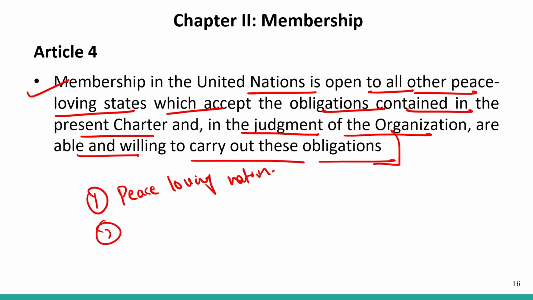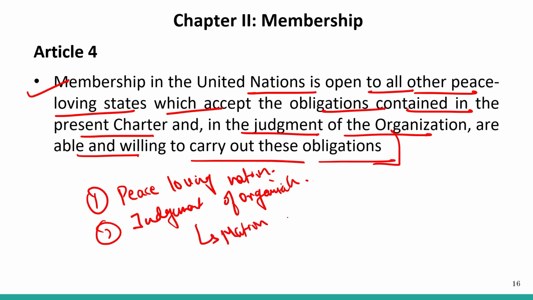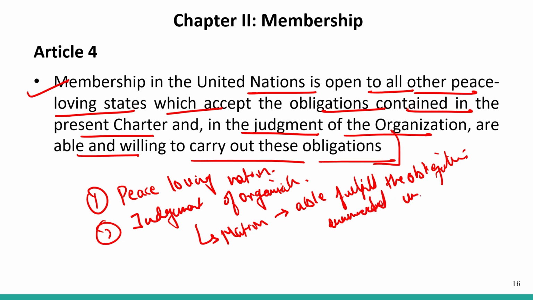Second being, in the judgment of the organization, the nation which is willing to have the membership of the organization should be able to fulfill the obligations enumerated under the present charter.